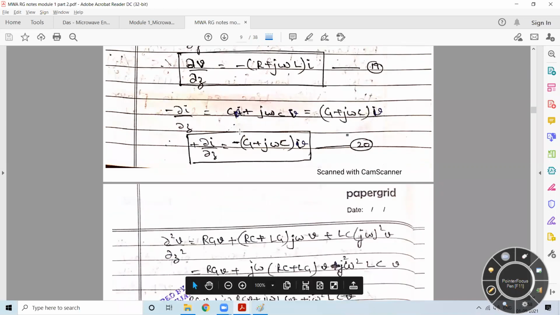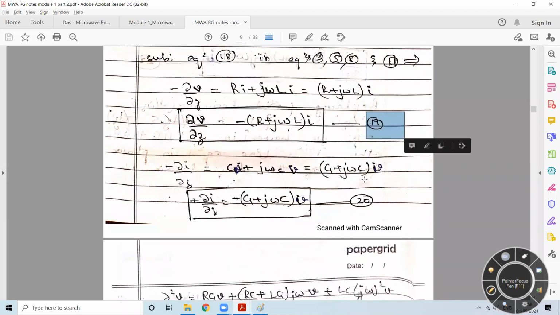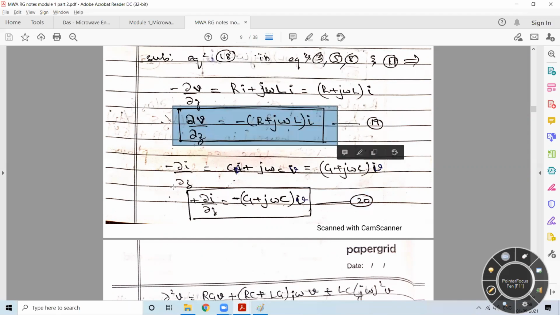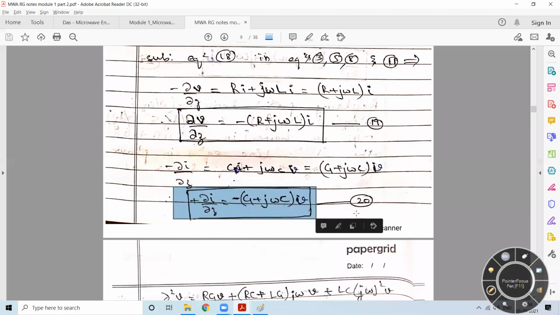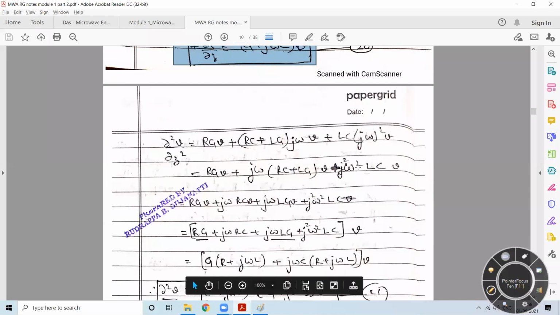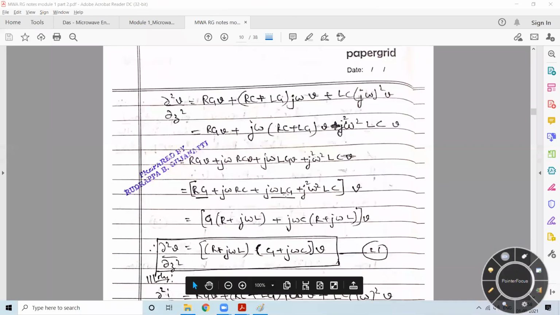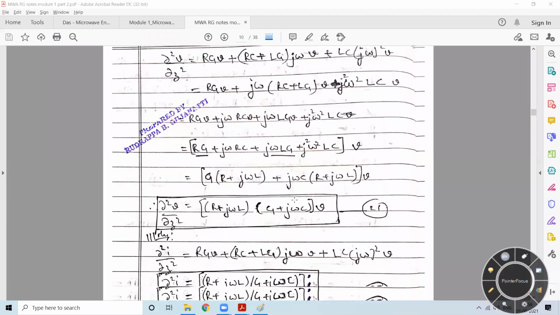Later again we'll discuss this. Now similarly, in the coupled equations we replaced dou by dou t with j omega and obtained equation 19 and equation 13. That is, these two equations we have obtained. Now similarly, we apply the same concept to the transmission line equations we have, that is dou square v by dou z square and dou square I by dou z square.